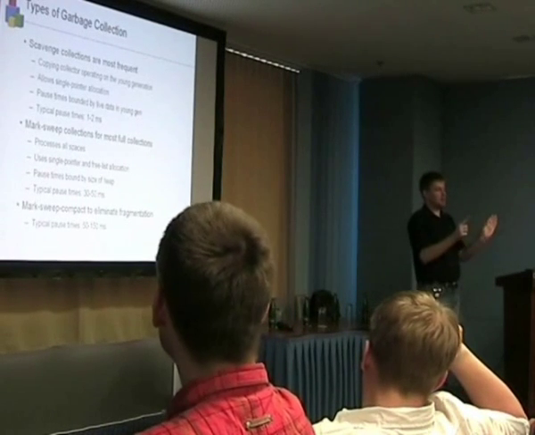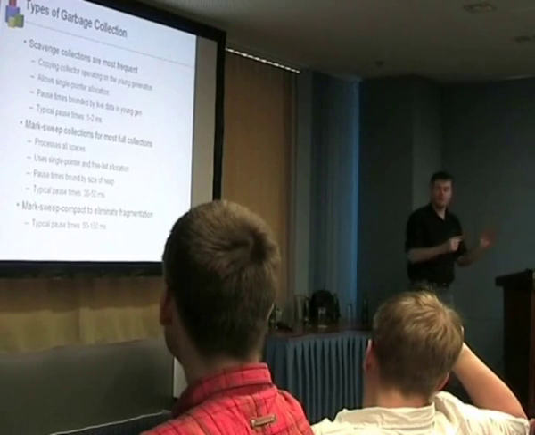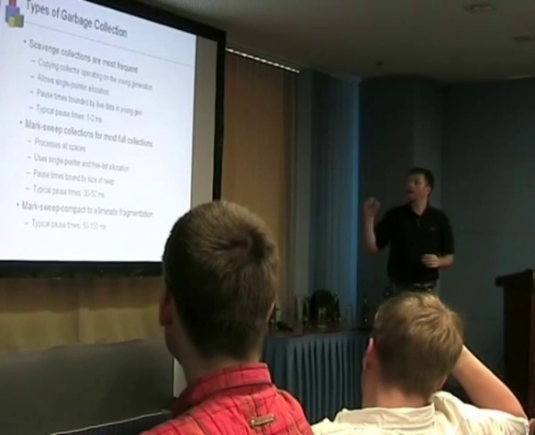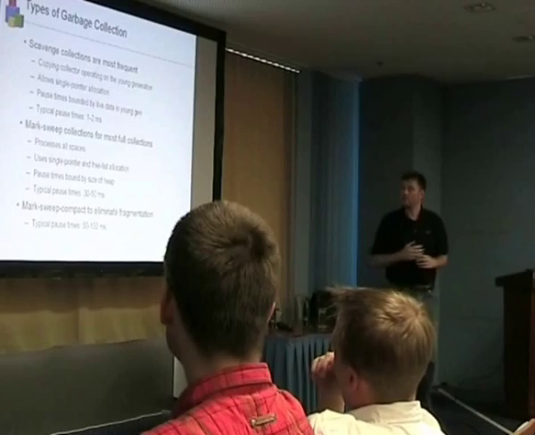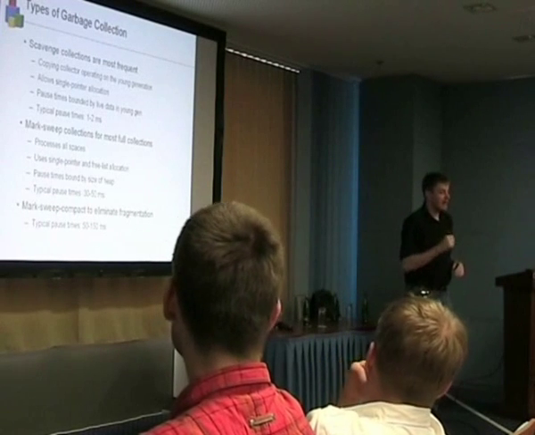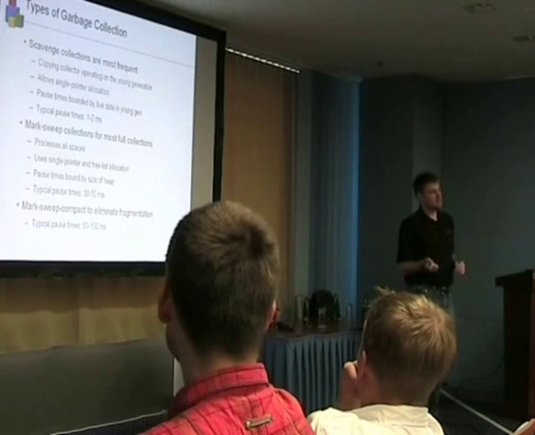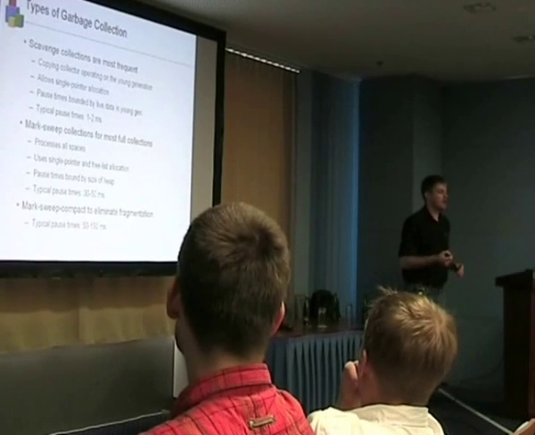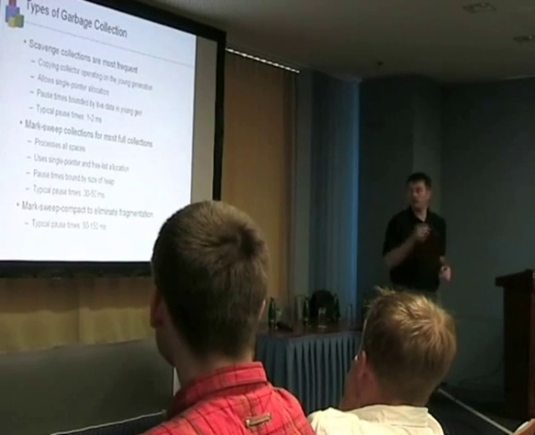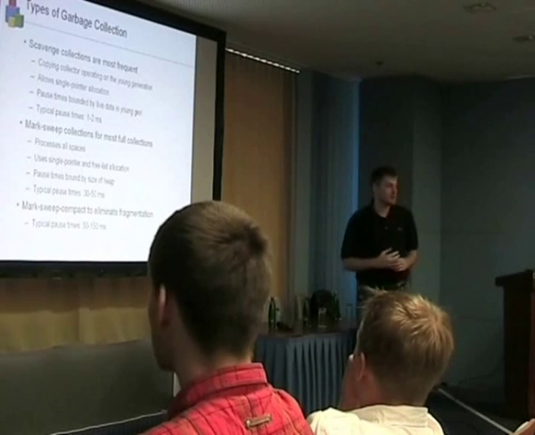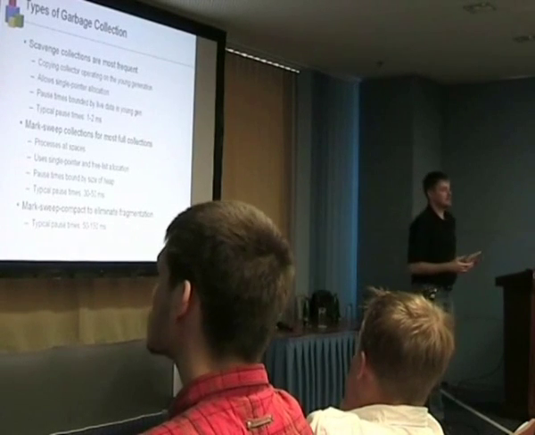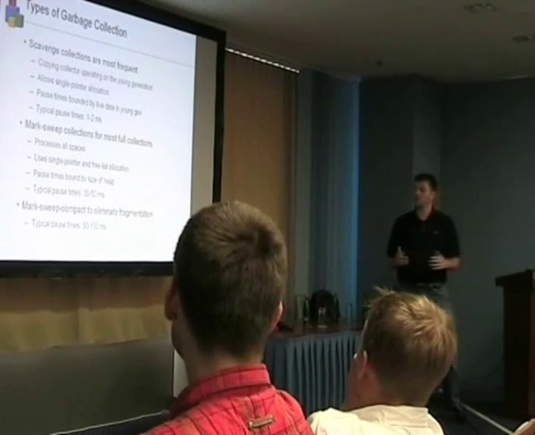So all you have to do is bump a pointer to get some extra space. The pause times for a copying collector are bound by the amount of live data in your young generation. Since most objects die young, there's not going to be much live data, so we get typical pause times of 1 to 2 milliseconds. And that's not something you're going to notice at all.